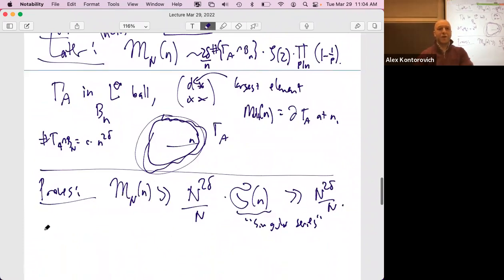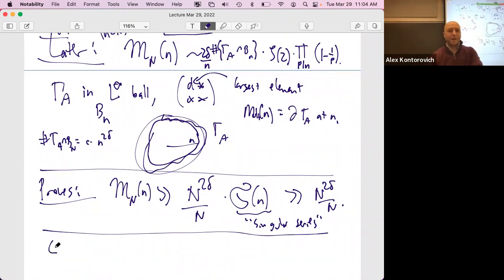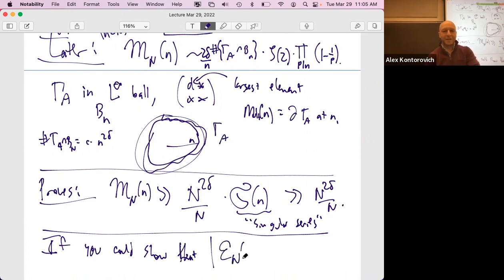Okay, what does one need? So I claim, if you could show that the error term, this E of n, is little o of n to the 2 delta over n, you're done as n goes to infinity.